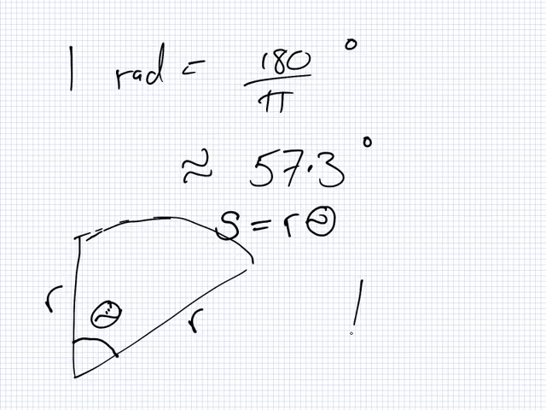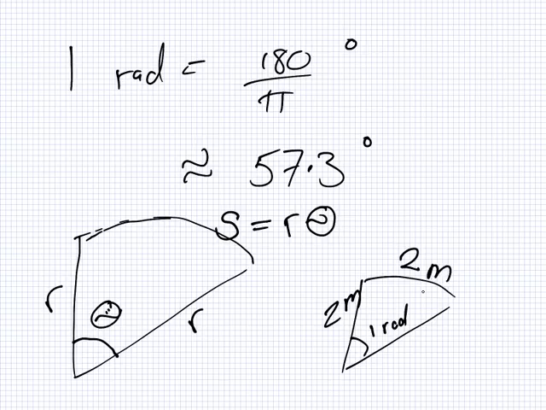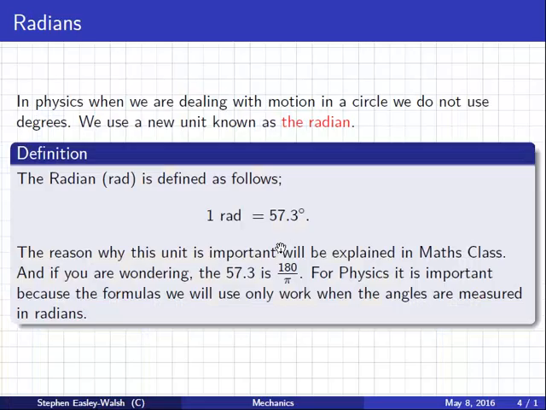So for example, if this angle here is 1 radian, and this here is 2 meters, then I know this arc will be 2 meters. And if this was 2 radians, how big will the arc be? 4 meters. Now we'll do these formulas in a little bit, but the reason they're important is for these formulas.